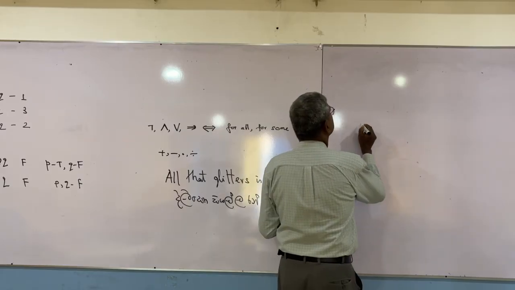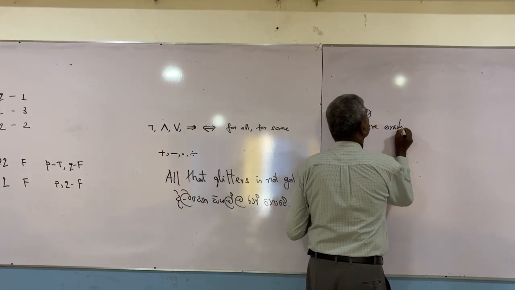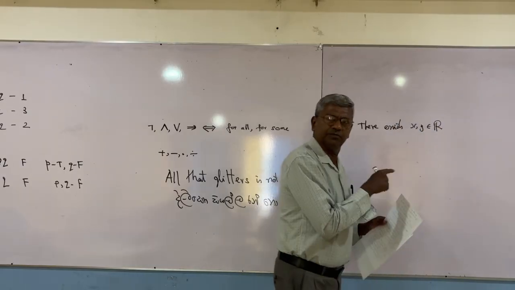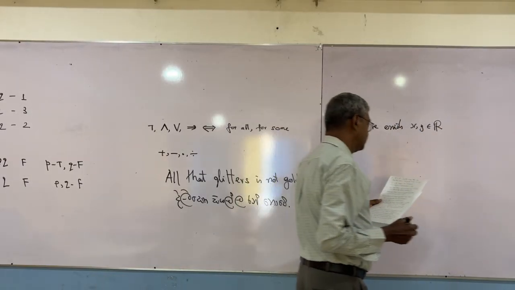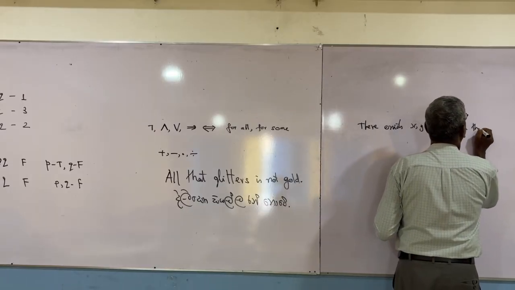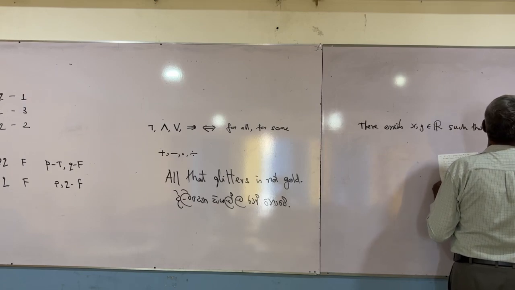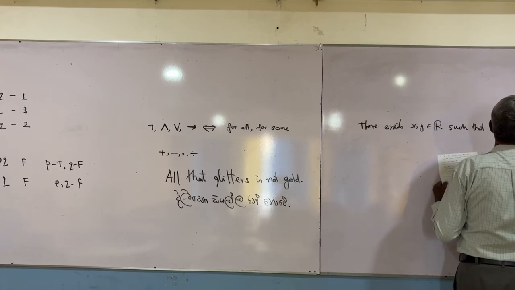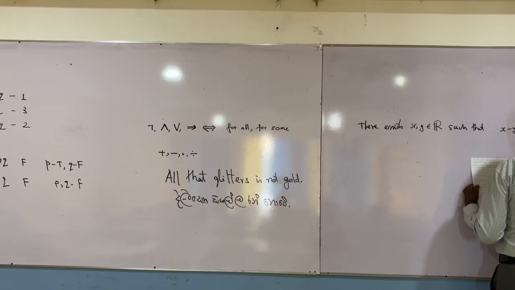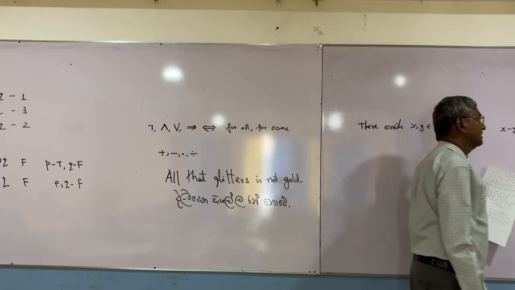I am saying there exist x, y belonging to R, we take R for real numbers, such that x minus y is 10 to the minus 133 and x squared minus y squared is 10 to the 133.